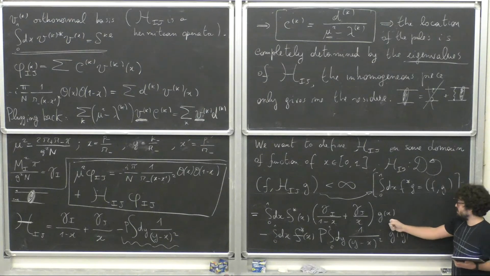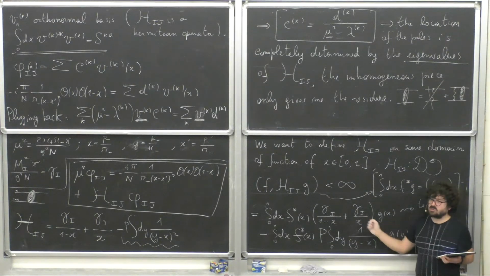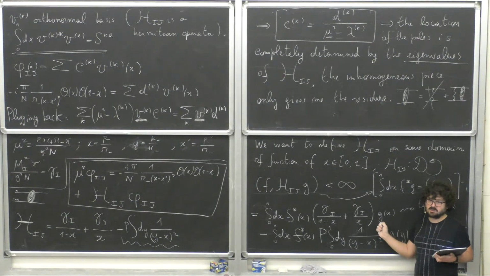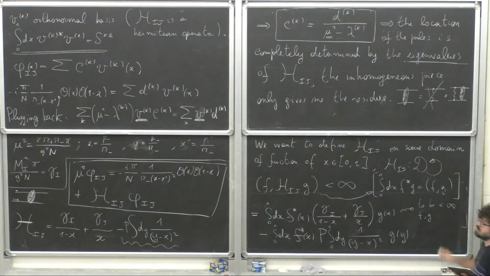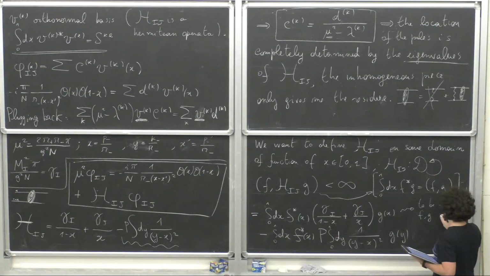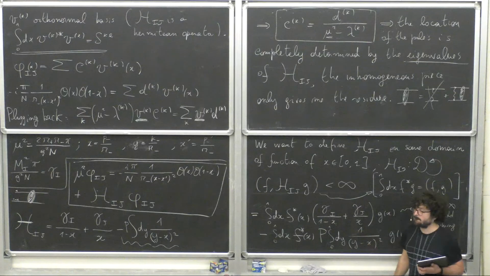But one thing that this piece tells us is that to be finite, we had better take f and g vanishing at the extrema of the interval. So the space of functions we need to consider should vanish at 0, 1, because we have these divergences.